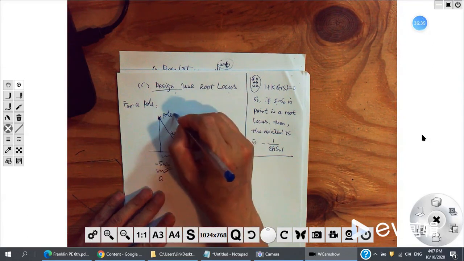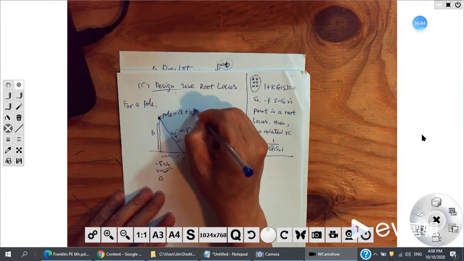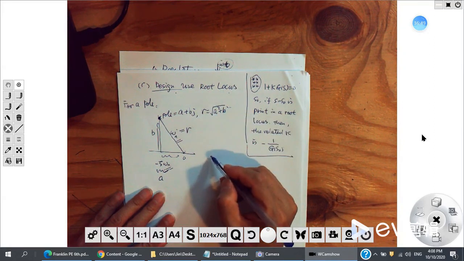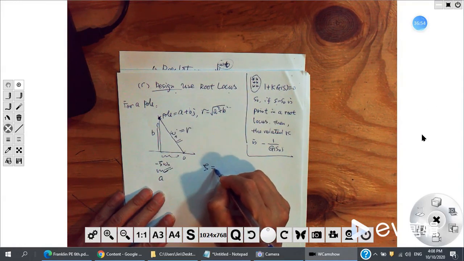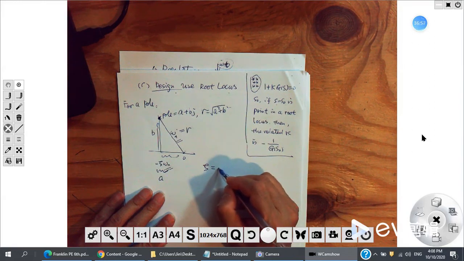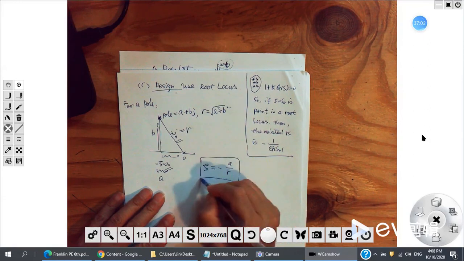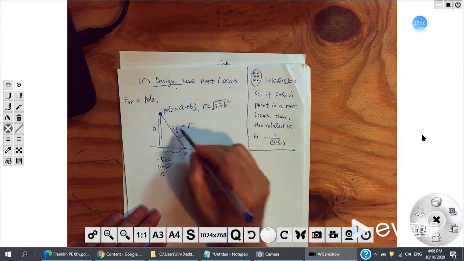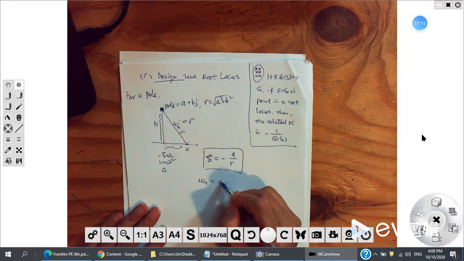The pole will be A plus Bj, and R is the square root of A squared plus B squared. And this zeta is the damping ratio. The damping ratio will be negative A over R. So you pick a pole, you can know what the damping ratio is, and also you know omega n, the square root of A squared plus B squared.